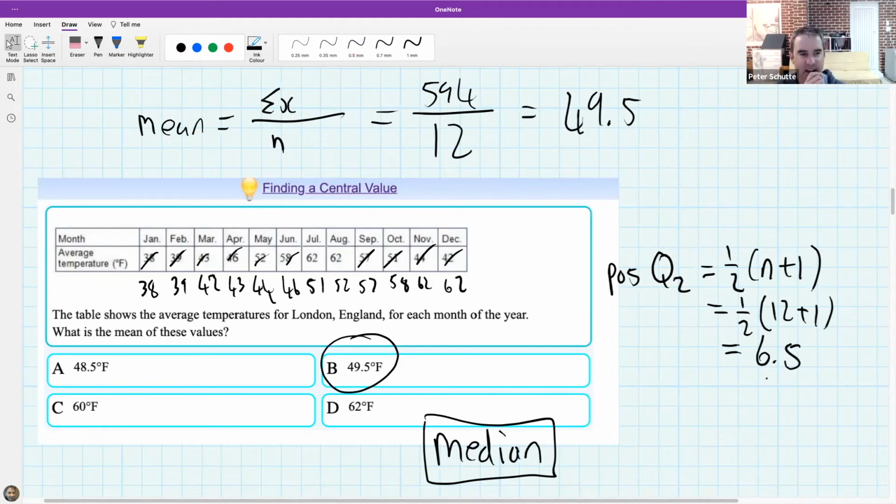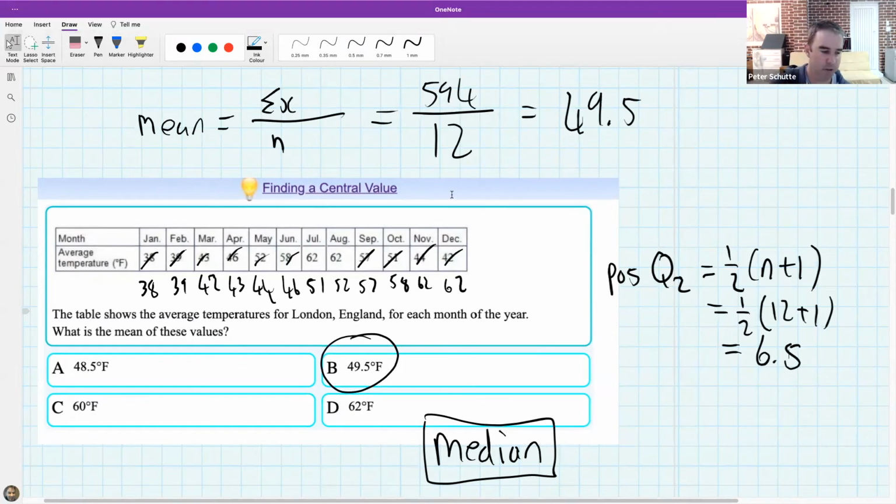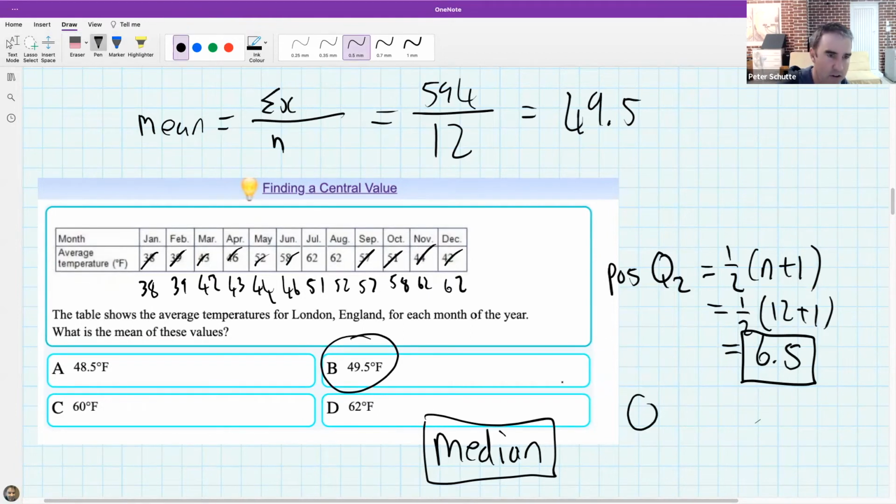And so what does that mean if the position of the median is 6.5? Would anybody like to just explain what we do? I mean, Kevin, you knew earlier in the lesson, if the position of the median is position 6.5, how do I calculate what that median is? Okay, let's go to Isake. What do we do in this type of scenario, Isake?